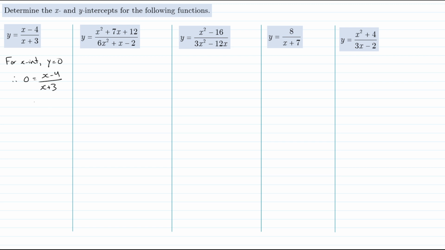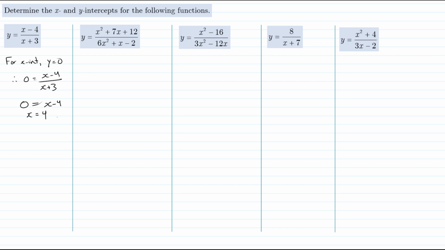Here's the nice thing that happens when you multiply the right side by x plus 3. You get rid of that denominator. It divides out, so you're left with the numerator of x minus 4. When you multiply the left side by x plus 3, you still get 0 because 0 times anything is still 0. And that tells us right away from this little equation that x has to equal 4.